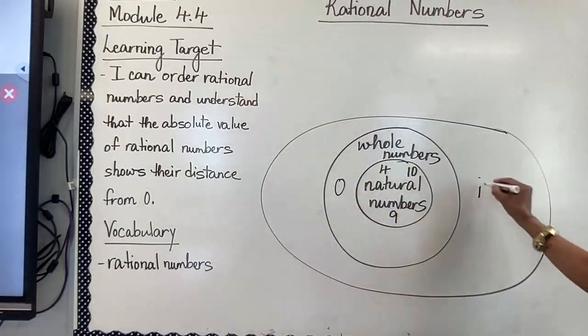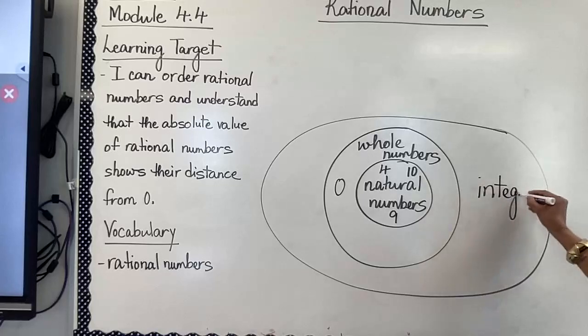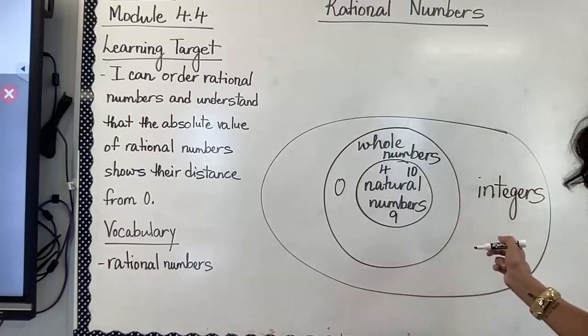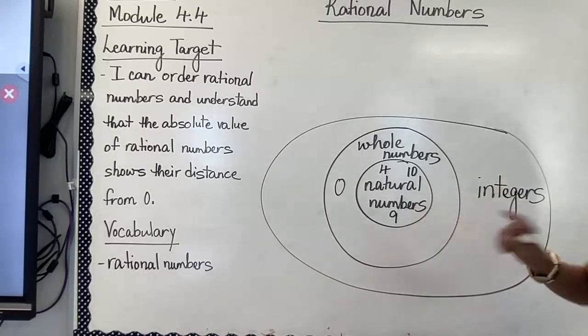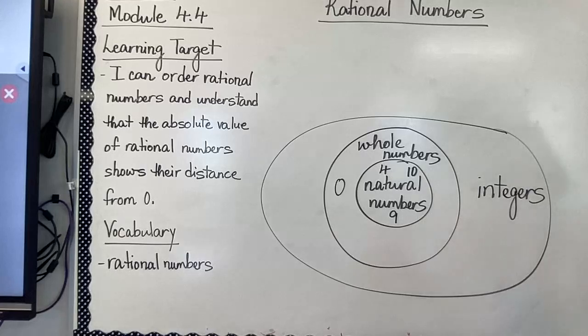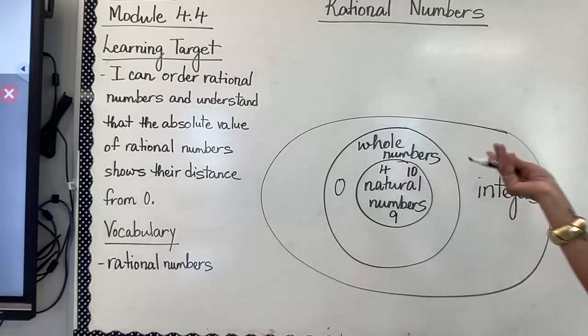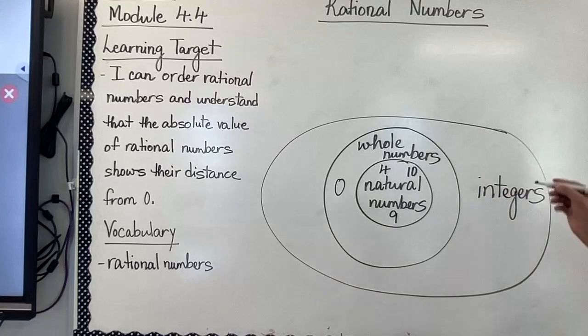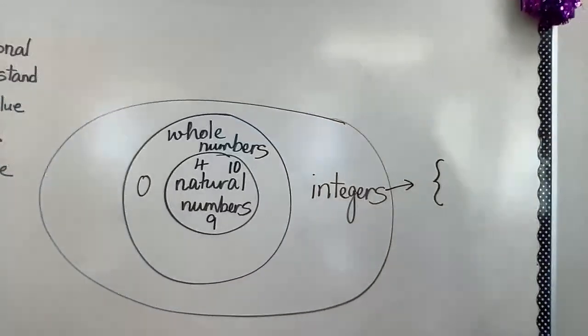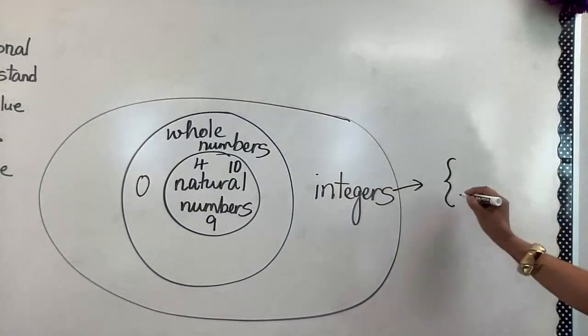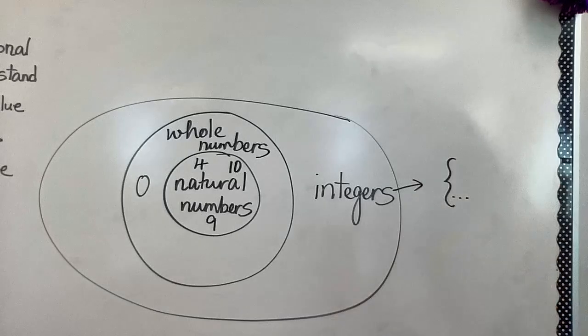All right, and then the next thing that we have is integers. Integers comprise natural numbers, whole numbers, and now we also have a set of negative and positive numbers, continuing without an end. You write it as a set, and within the set you'll have the dot dot dot, because that means it is continuing.